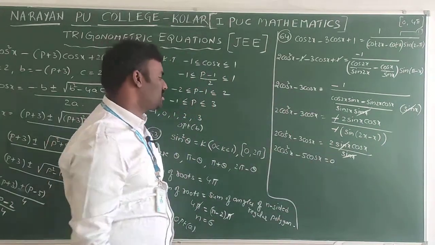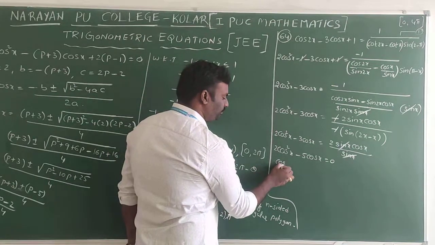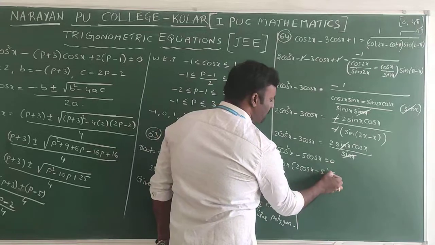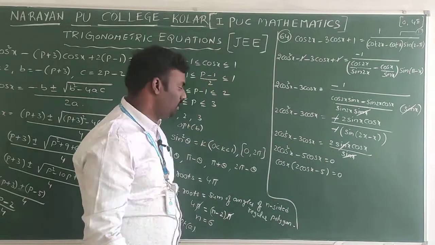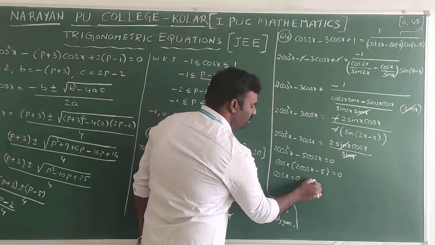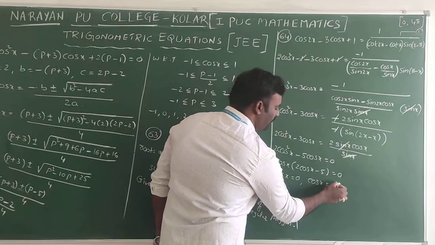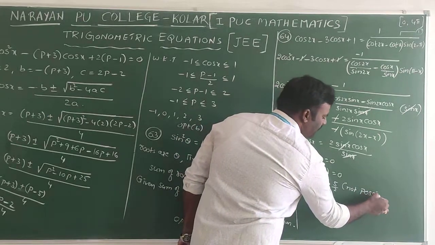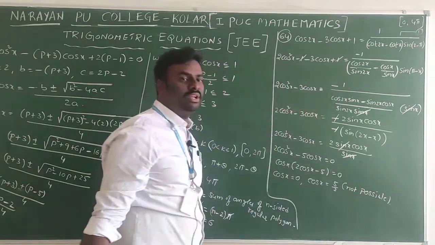So I will take cos x common: cos x times (2 cos x minus 5) is equal to 0. From this you will get cos x is equal to 0, or cos x is equal to 5 by 2. This is not possible because this value is 2.5, and the cos range is minus 1 to 1 only.